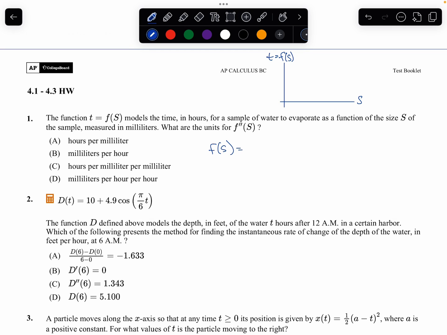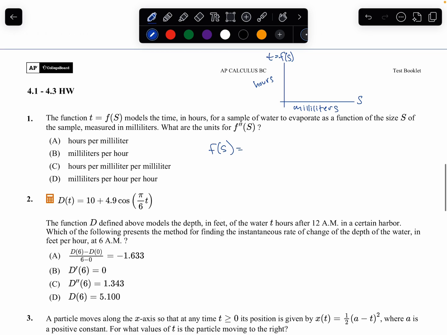So this is hours, which is odd for a problem to have time measured on the y, but I believe I'm reading that right. So the function is t. So these are t's, f of s in hours. And then s, which is the independent variable, so the inputs for the function, are milliliters.